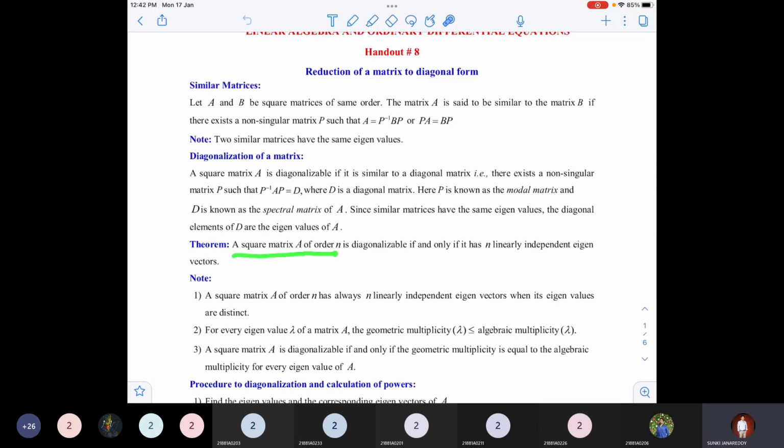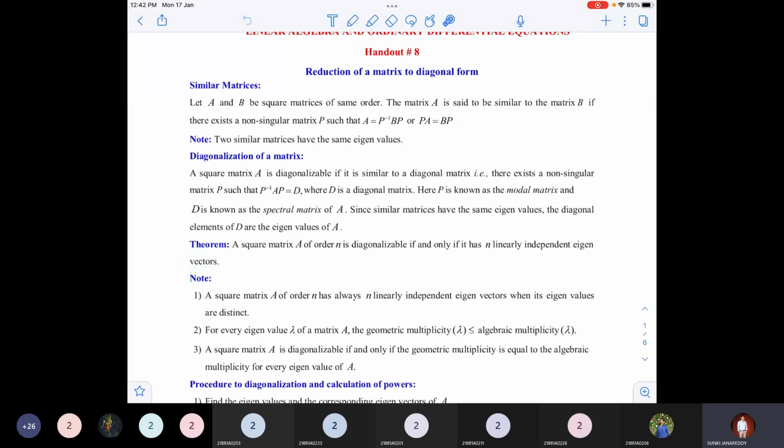A square matrix A of order n is diagonalizable if and only if it has n linearly independent eigenvectors.